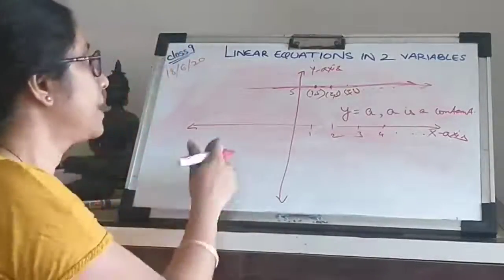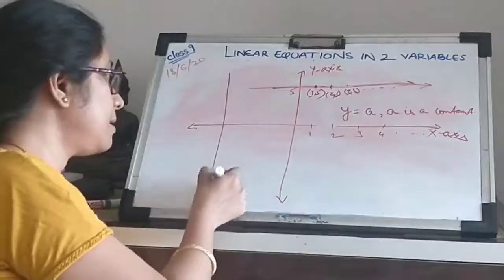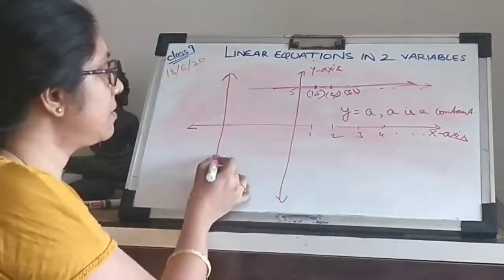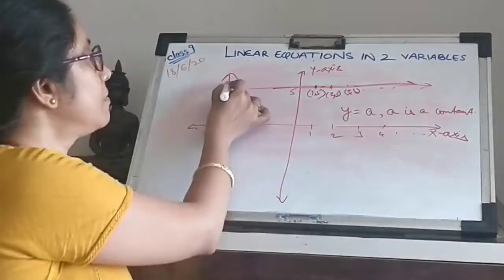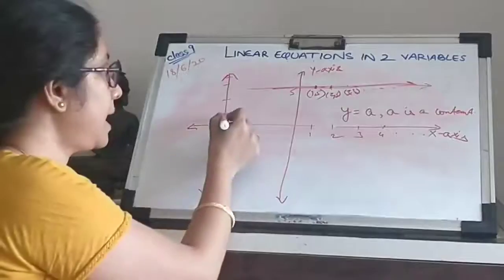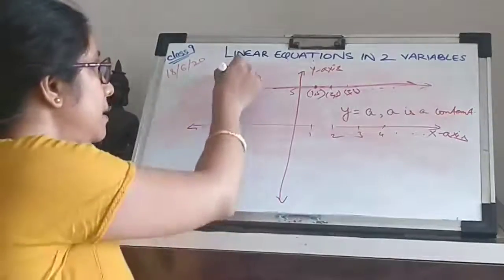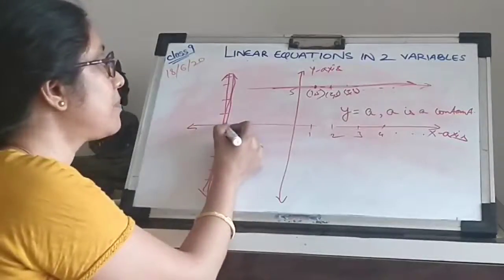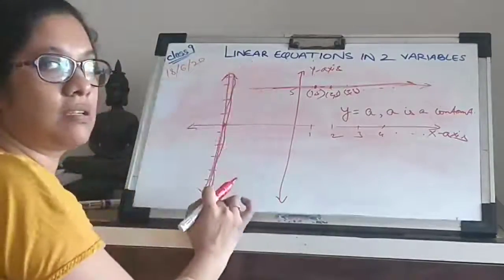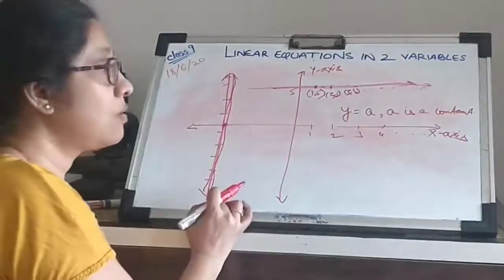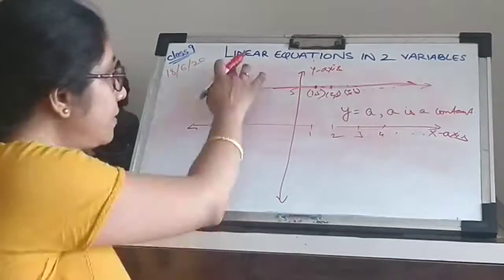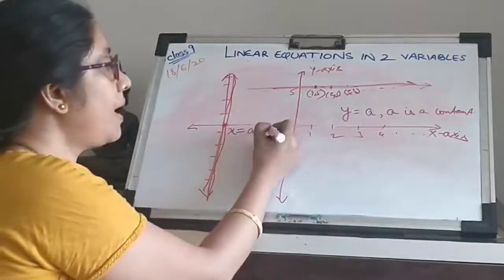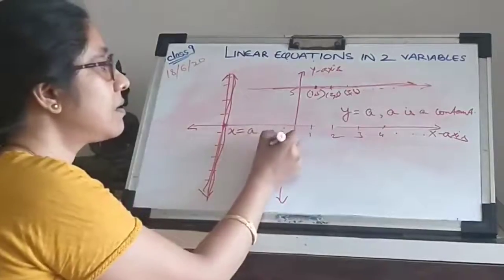Exactly similarly, what about a line that is parallel to the y-axis? Read through all the coordinate points. The x-coordinate, that is the abscissa, remains constant, while y keeps changing. So the equation of this line is x equal to a, where a is a constant.